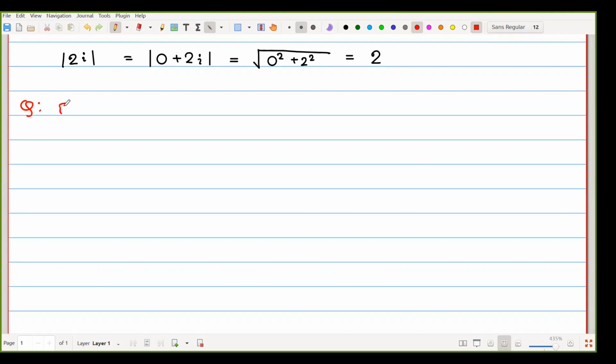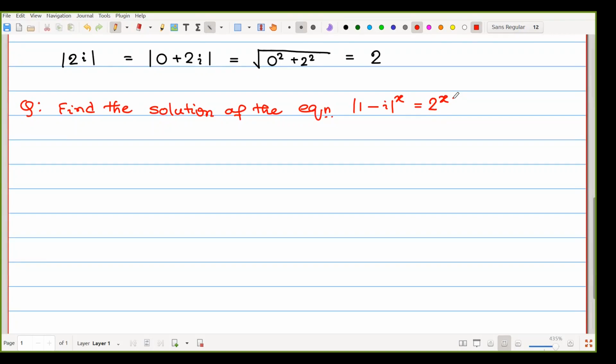Find the solution of the equation. The equation given is, the modulus of (1 minus i) whole to the power x is equal to 2 to the power x.